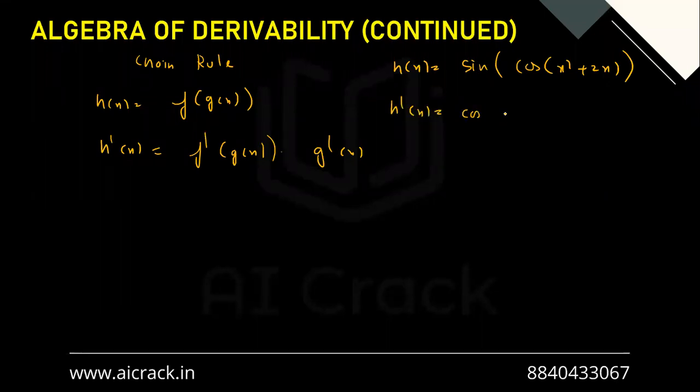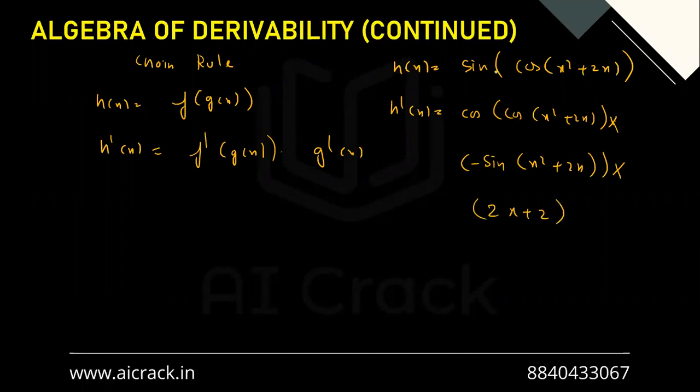That would be cos of cos(x² + 2x) multiplied by the differentiation of cos, which would be minus sin(x² + 2x), multiplied by the differentiation of x² + 2x, which would be 2x + 2. So this is how the chain rule operates. You can practice more examples with the help of notes and examples which I'm going to upload in the portal.